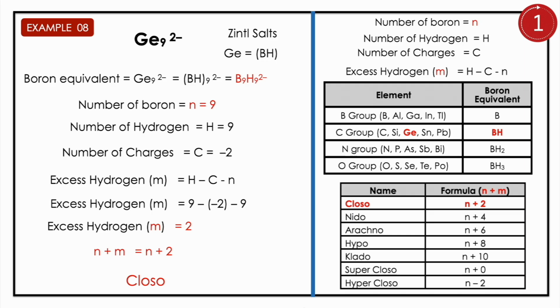Excess of hydrogen will be M, which equals H minus C minus N. If you substitute it, 9 minus minus 2 minus 9. So excess of hydrogen will be M equals 2, meaning it is N plus 2 system. If you look at the table, N plus 2 means Closo. So according to the Wade's rule, the Zintl salt Ge9 2 minus has the Closo structure.